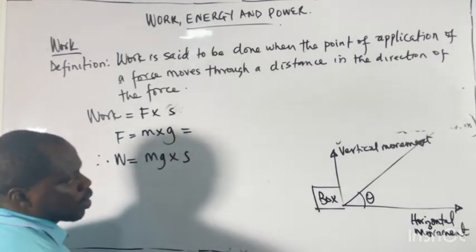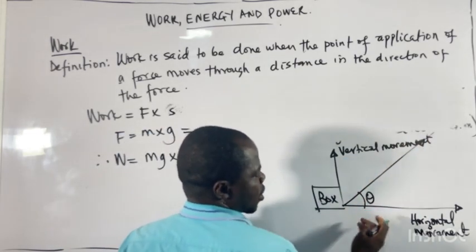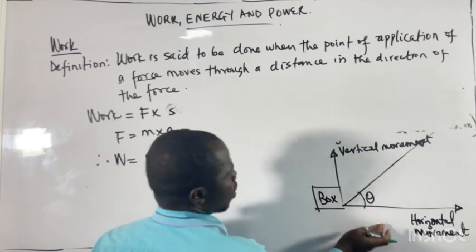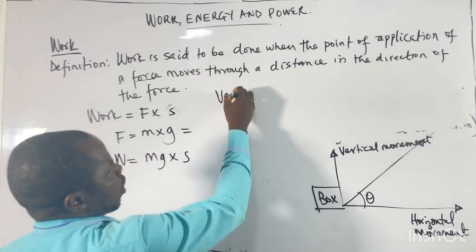When you look at it from the angle at which you drag, maybe at an angle theta to the horizontal, that means we are going to have what we call the vertical force.